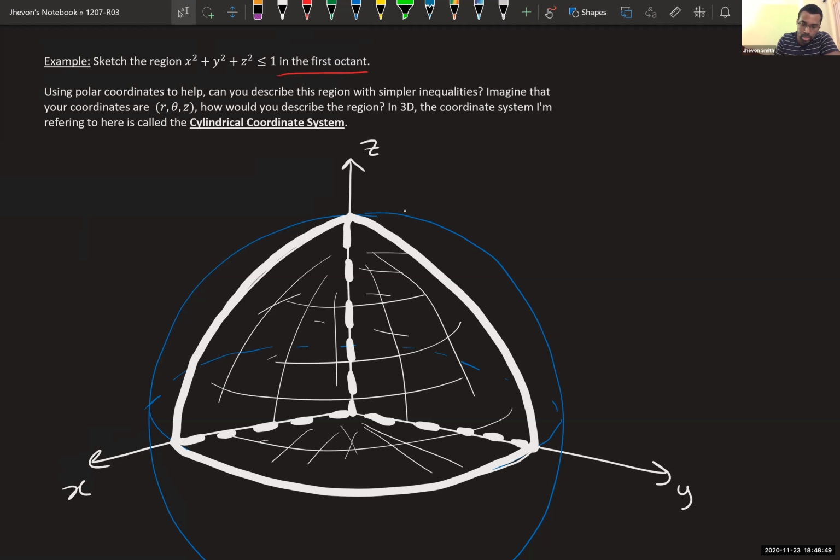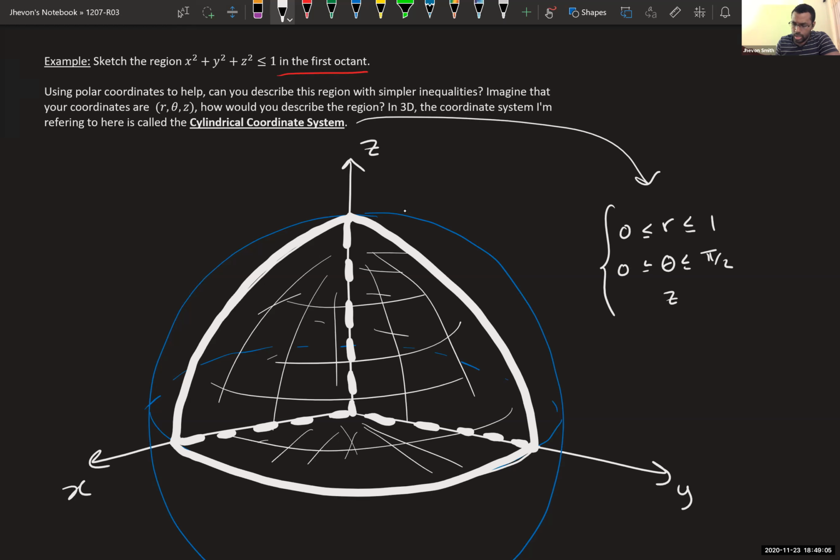And we could describe this in the cylindrical coordinate system. This would be, of course, r goes from 0 to 1, your theta goes from 0 to pi over 2, and your z goes from 0 up to the square root of 1 minus r squared. This is cylindrical.